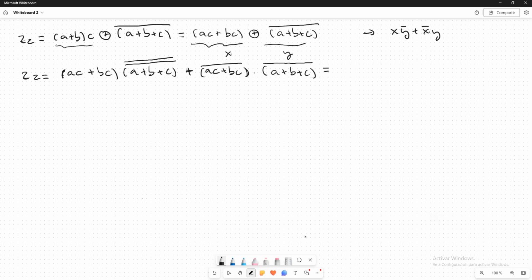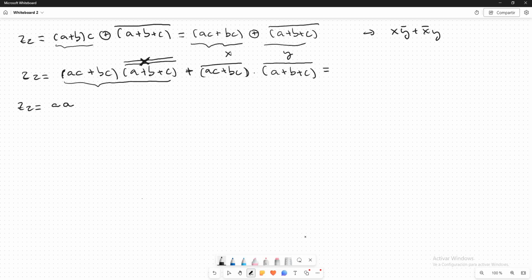So now we apply the properties of Boolean algebra to this expression. We are going to have the following. We can remove this using the involution theorem, because negating twice is like not negating, and we can apply here the distributive property in this product. So we are going to have the following. You can check it, okay? I'm going to do it.